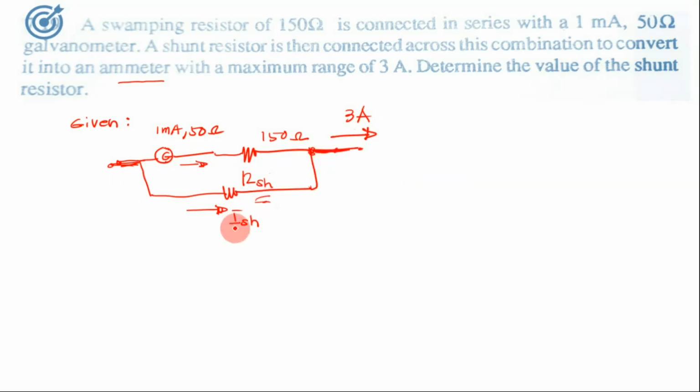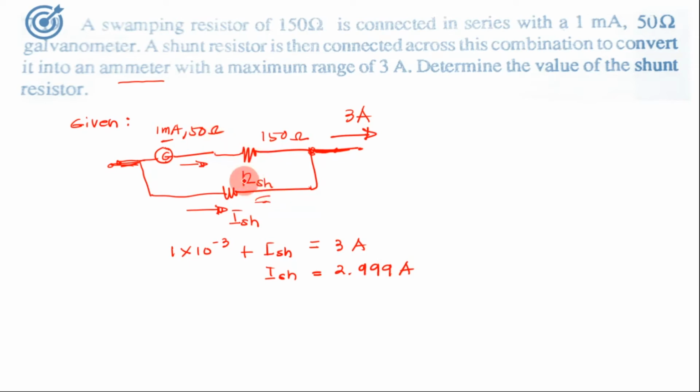So you can set up an equation like this: 1 milliampere, which is 1 times 10 to the negative 3 ampere, now in ampere, plus I shunt will be equal to 3 amperes. Automatically, we can solve for the I shunt, which is 2.999 ampere.